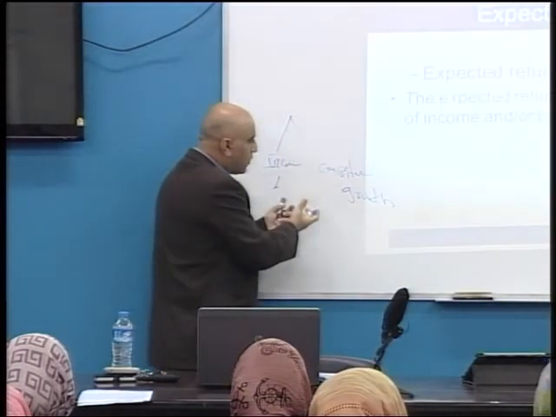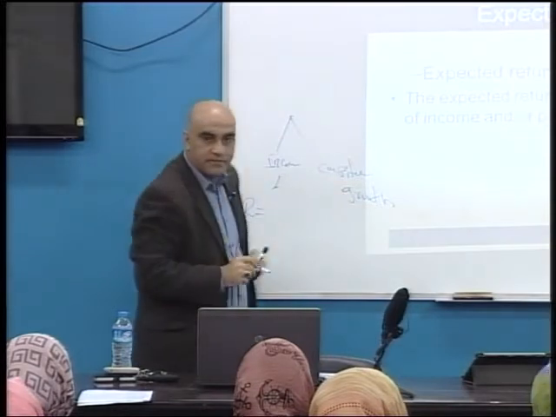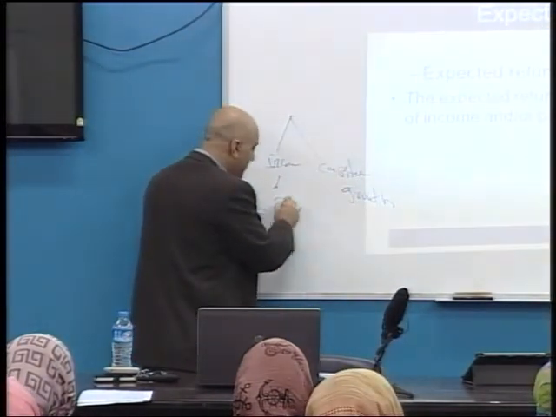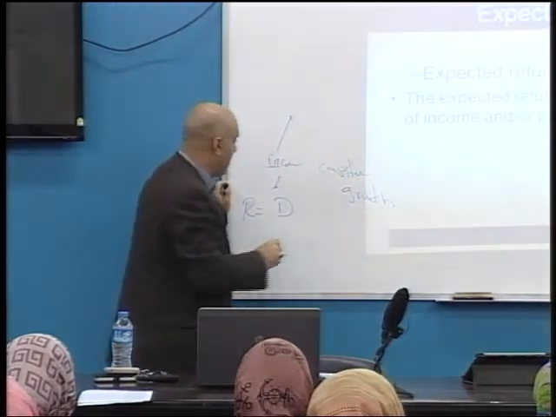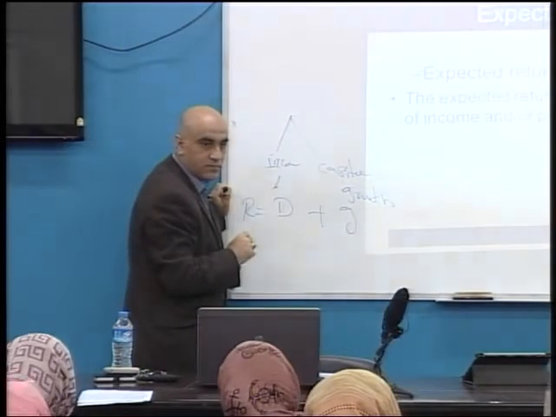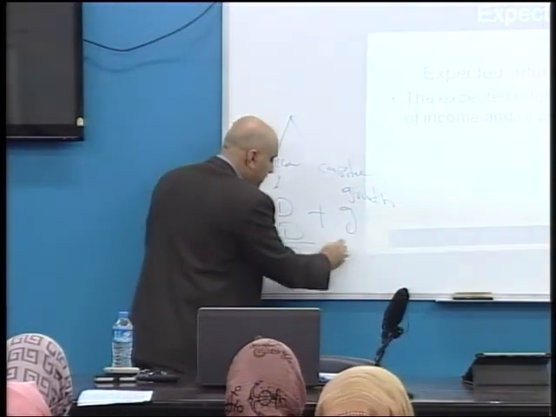Let's construct this. If we want to calculate return, in this case we have income in terms of the dividends plus the growth. So it's D1 divided by P0 plus the growth.